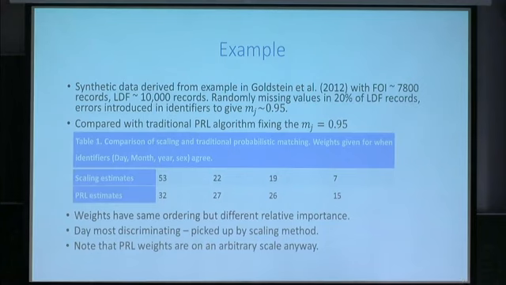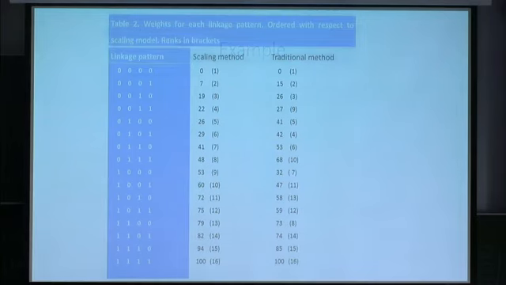So the next slide actually shows what you get for each linkage pattern. Both of these methods have assumed independence, so we're just adding up across identifiers, adding up the logs, for example. We get pretty good agreement, certainly at the ends, where it's exact.